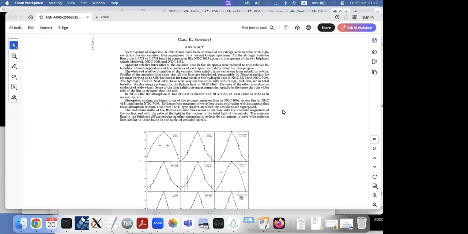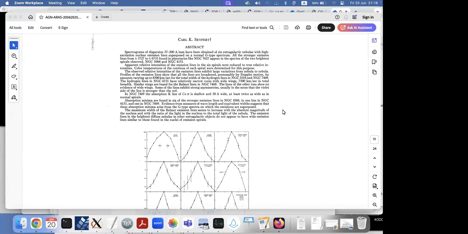Now, realize that by this point, these were well understood to be external galaxies, okay? All of the targets included here were among the brightest galaxies known, specifically all of the stronger emission lines from 3727 to 6731 found in planetaries like NGC 7027, which is one of the standards in the galaxy, appear in the spectra of the 2 brightest spirals observed, NGC 1068 and NGC 4151.